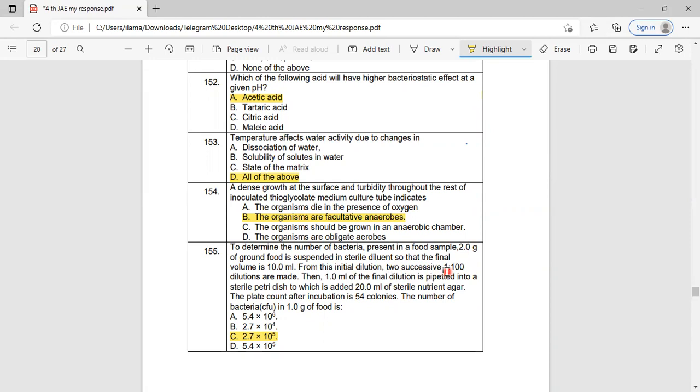The plate count after incubation is 54 colonies. Then find the number of bacterial CFU per gram of food. If you substitute all the given data, you will get the final number of CFU as 2.7 into 10 power 5.